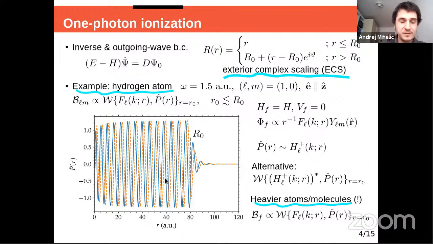This means that it can be written in this asymptotic region in a form of an outgoing Coulomb wave. The Wronskian I mentioned earlier, so the amplitude, actually consists of this p hat, the radial function of psi hat, and of the regular Coulomb function, the normal one, of the hydrogen atom.